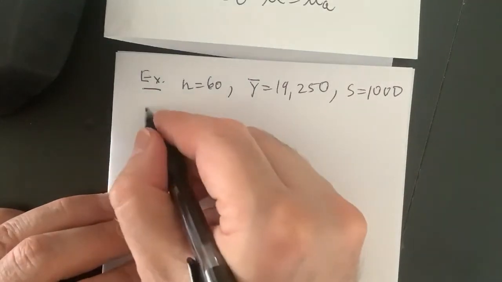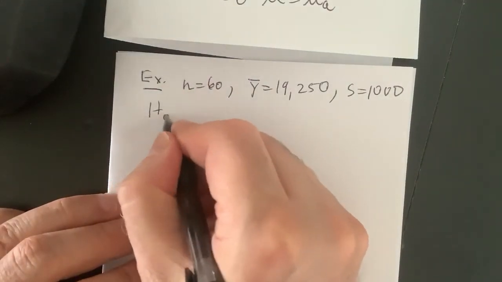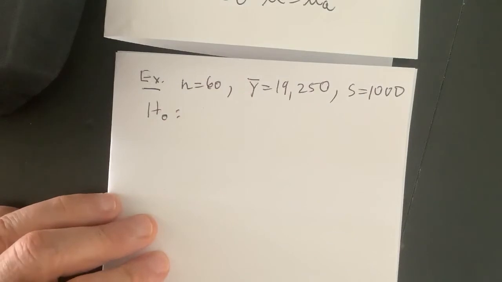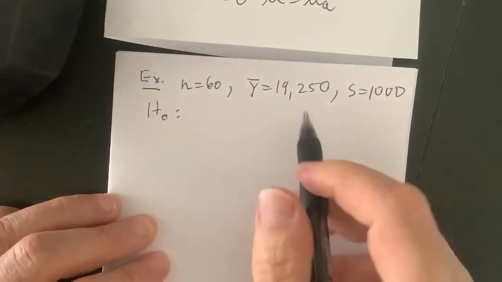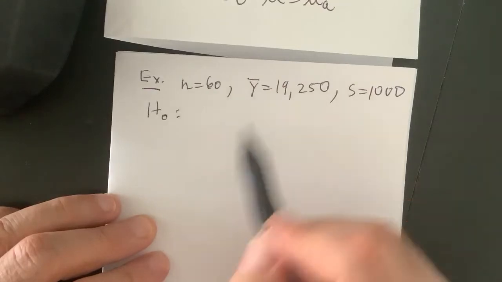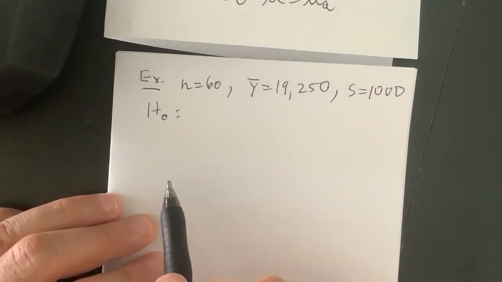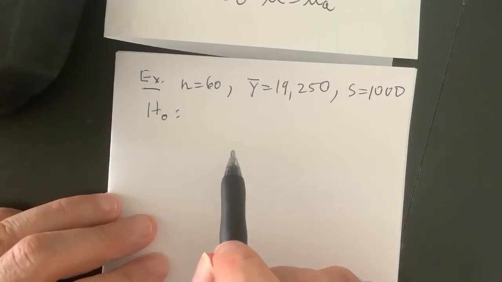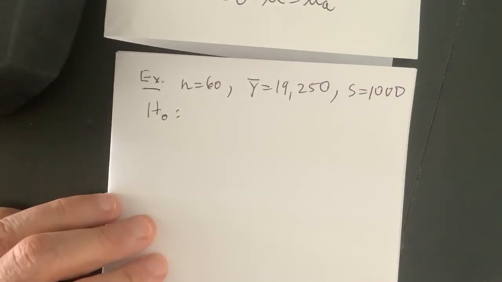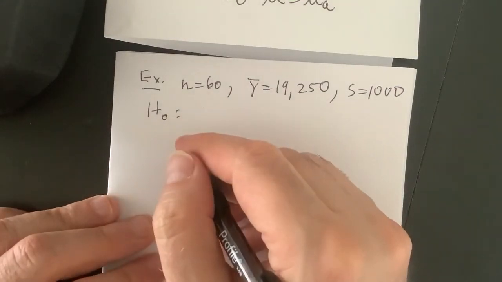Suppose we want to test H0. This is the company claiming the lifespan is 20,000, but we just sampled 60 and found the average was 19,250. We want to make a test to see if this has evidence that the claim is false.